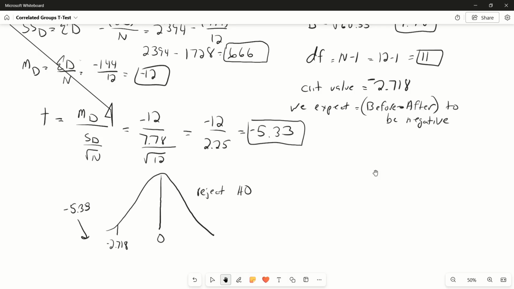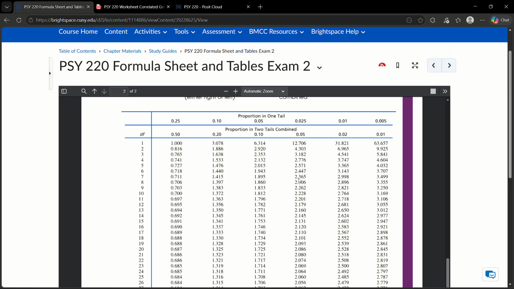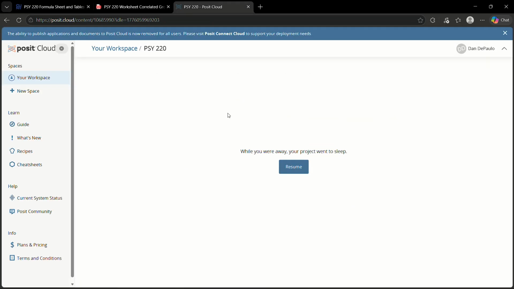And that's pretty much it. This is how you conduct the computations for the correlated groups t-test. You have to find the critical values in the table, and that's what you compare the obtained value to.